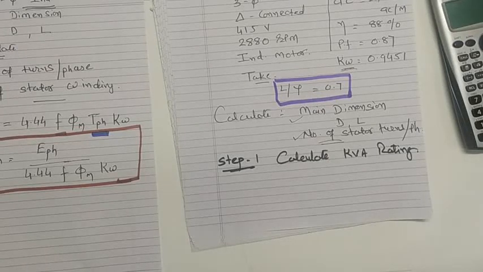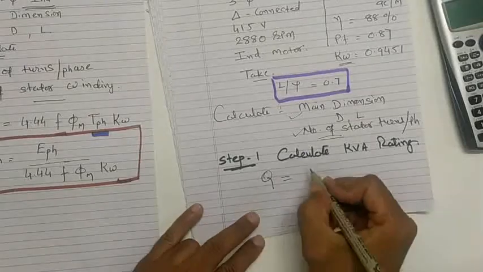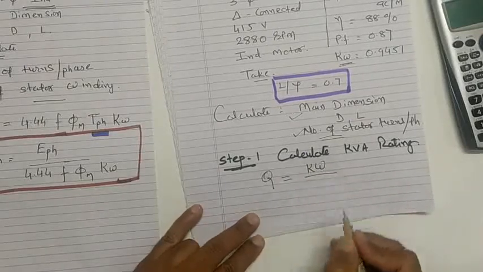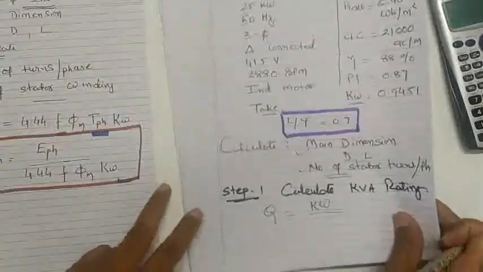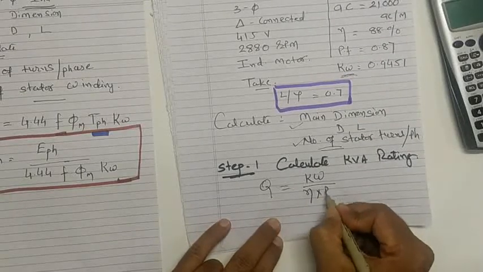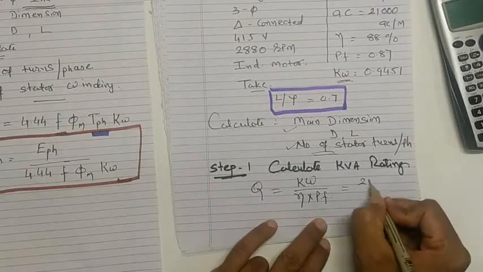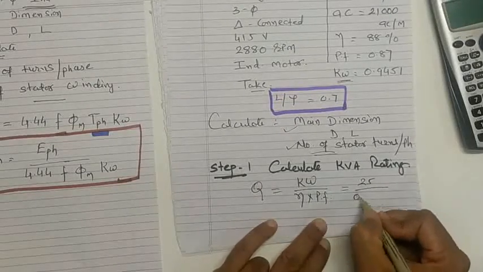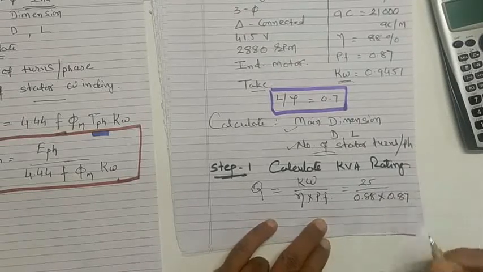In all the numericals, first we have to calculate kVA rating, that is Q, because in our output equation we require Q. Values are given in kilowatt, so we have been given 25 kilowatt. So kilowatt divided by efficiency as well as divided by power factor. Kilowatt 25, efficiency 88%, power factor lagging 0.87.